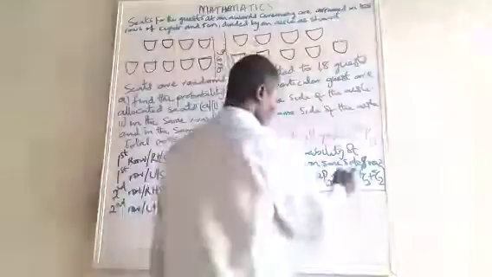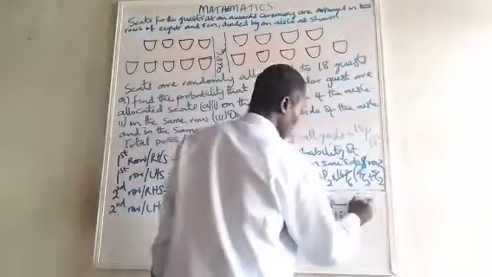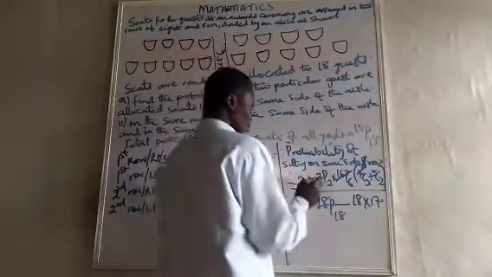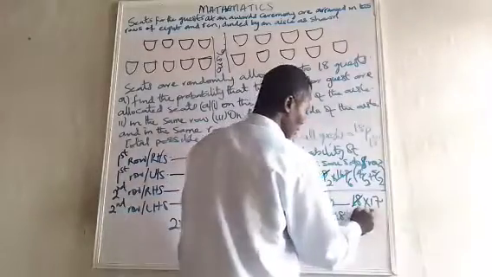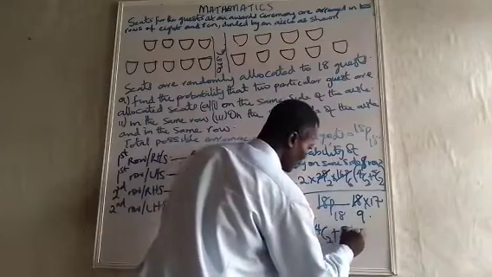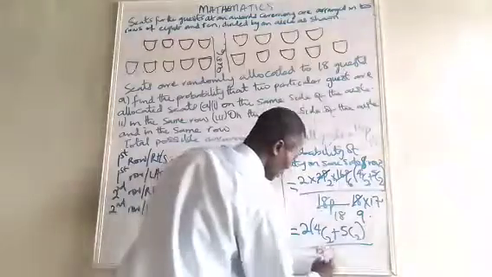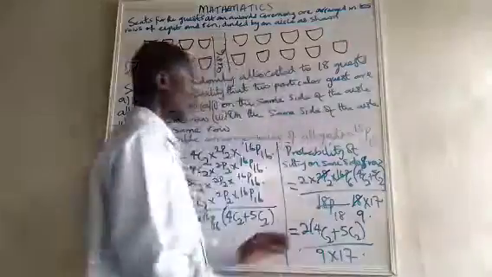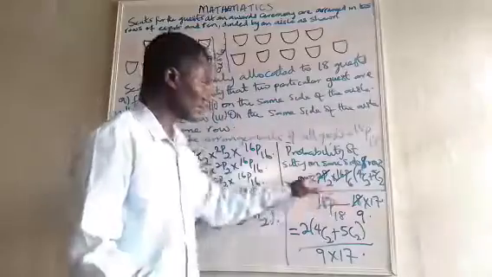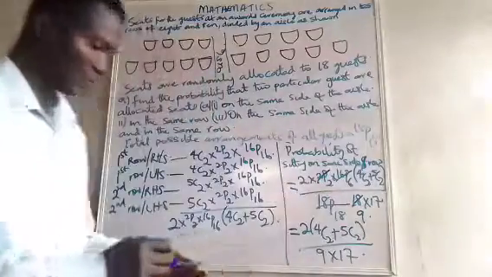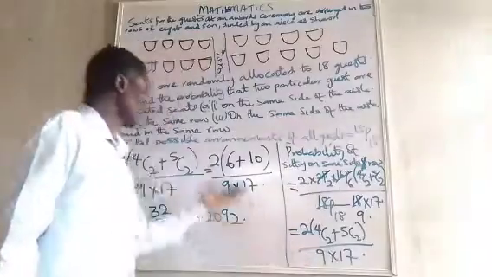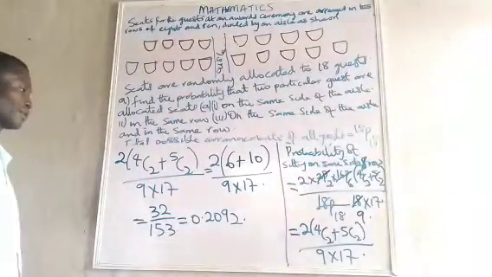Now, we know that once we cut this, it is going to give us 18 times 17. This one is 2, this one is 2. Okay, let me use this one. So this one will give us 9. So we are going to have 2 into 4C2 plus 5C2 over 9 times 17. I hope you understand how I did the cut. So that's it. This one gives me 18 times 17. From here, I cut this one, gives me 9. So, you can see it is simplified already. That's all.